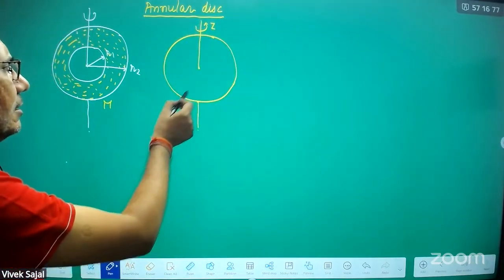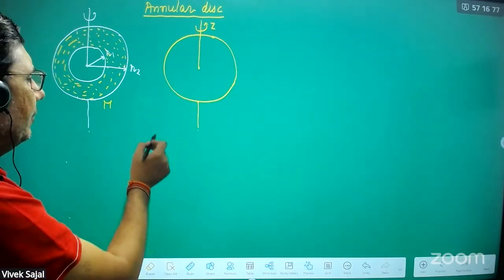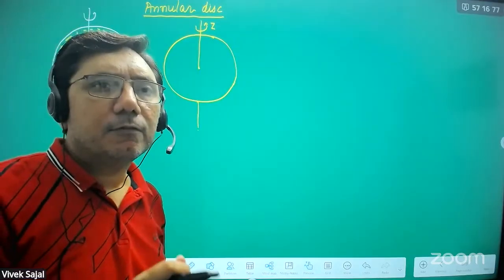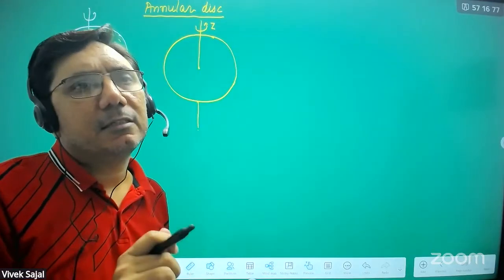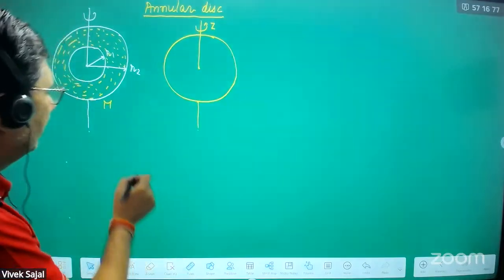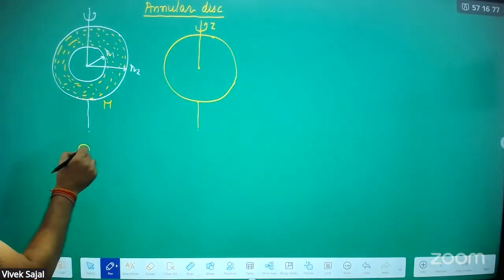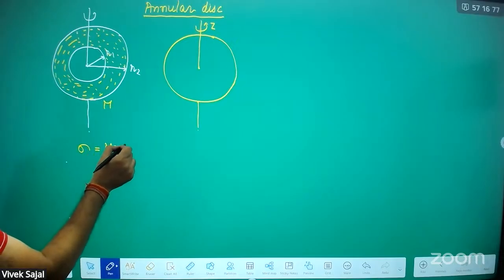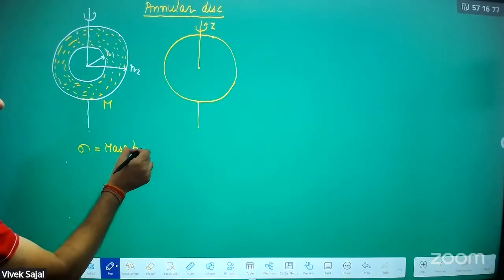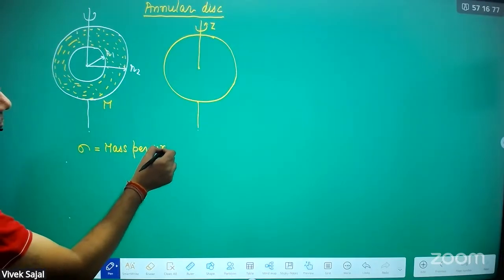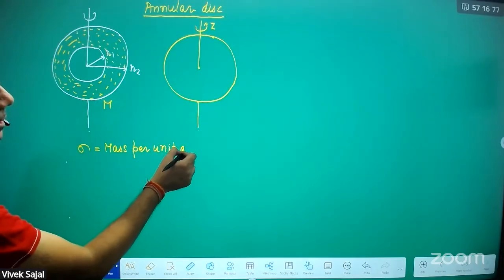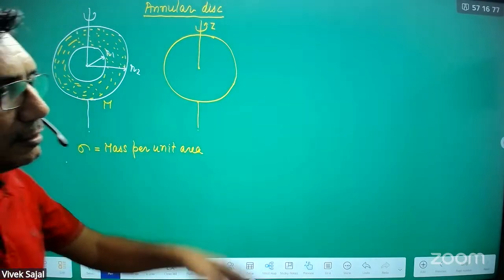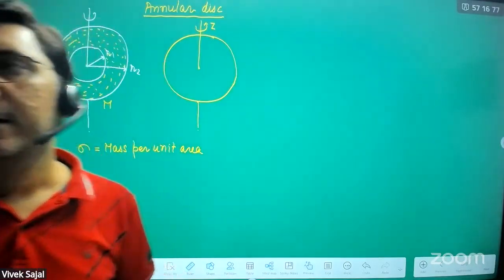I am saying कि जो surface density है, surface mass density, in this type of question, you will handle the question in terms of surface mass density. ठीक है, sigma. So here I will write sigma. Sigma is mass per unit area. Later on, according to the question, you can find out sigma. Finally, you can substitute sigma there. You will find out the answer.